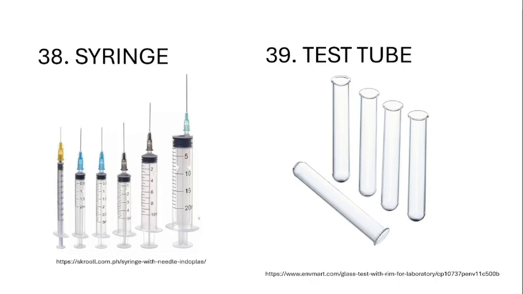These are simply used for containing or for testing small scale reactions, or in heating. So if you're going to draw this later on, do not put graduation on the walls of the test tube. Test tubes also come in various sizes.